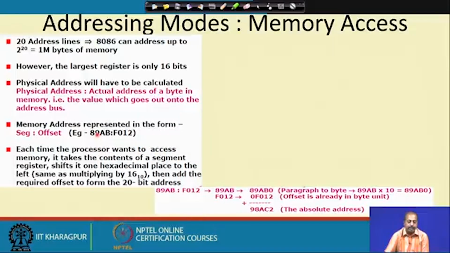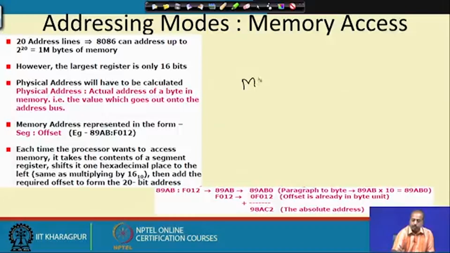So, these quantities 89AB and F012 can come from different registers. Say you are using the SI register. The SI register contains F012 and the DS register contains 89AB.